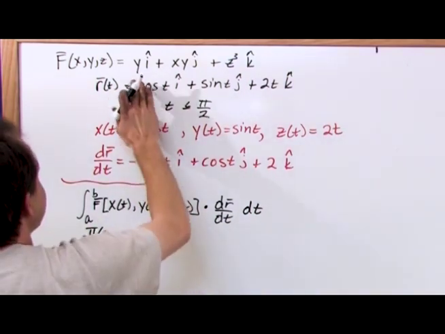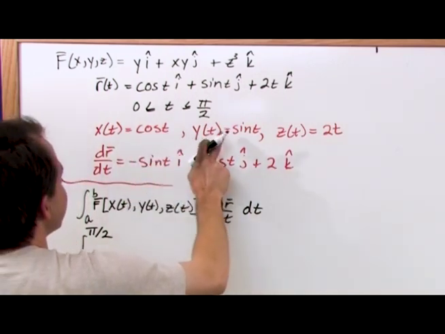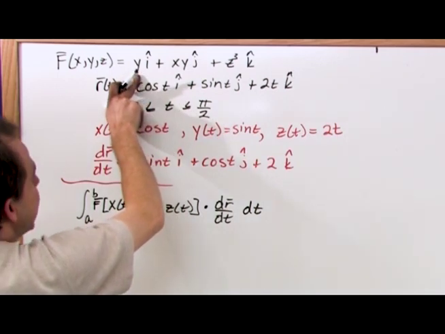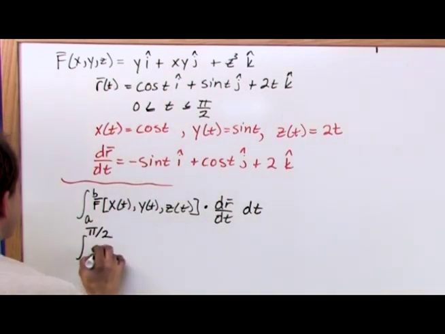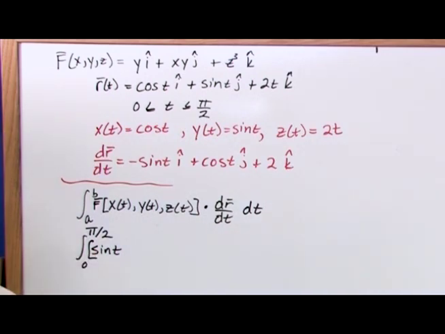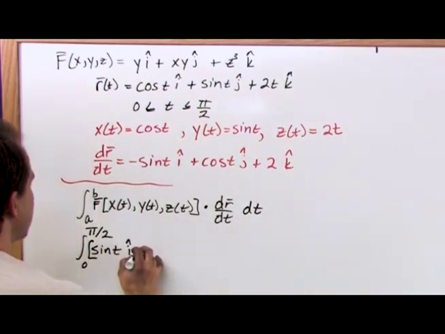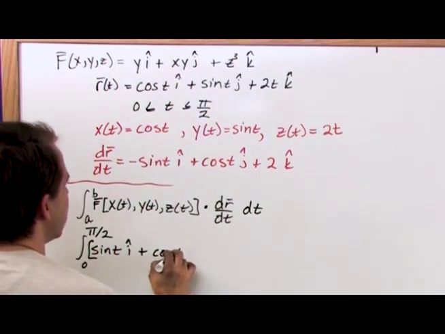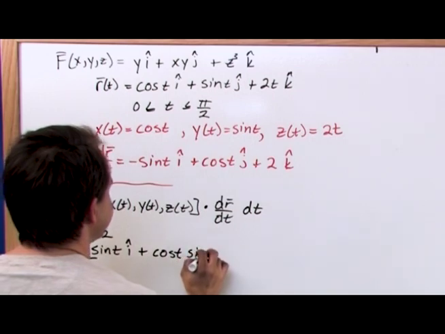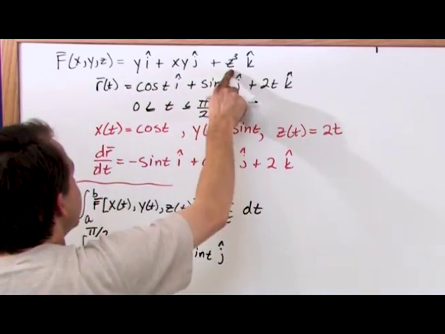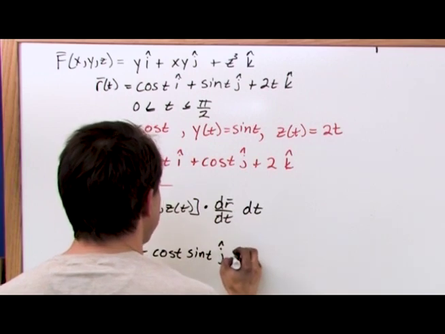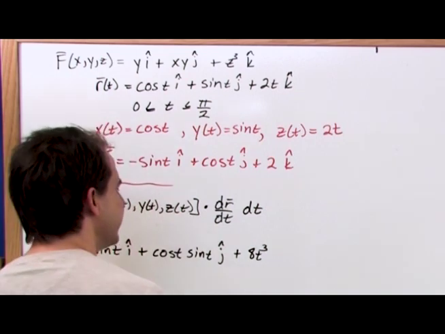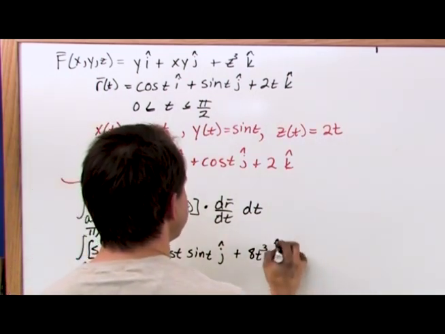And then when you look at your vector field given by this, plugging in the values of x and y and z to get your conversion going, here you have y. y is given by sine of t. I'm going to put some brackets around this. Sine of t, that's in the i direction, plus xy. x is cosine, y is sine, that's in the j direction. z cubed is 2t cubed, which is going to be 8t cubed, because 2 cubed is 8, and that's in the k direction.